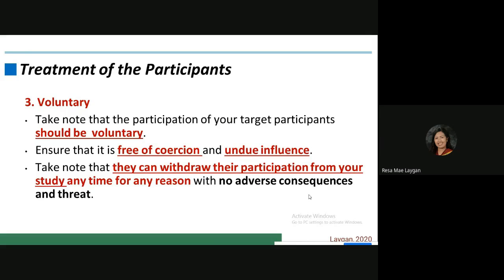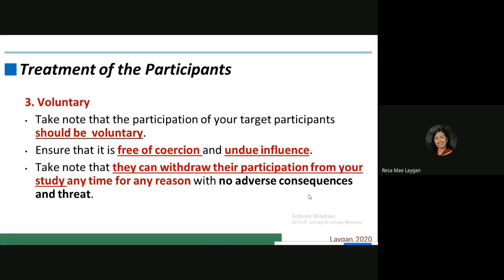But in focus group discussions, you probably need compensation because the focus group discussion requires more time and effort from participants. So, again, you have to consider the voluntarism, the informed consent, and the privacy of your participants.